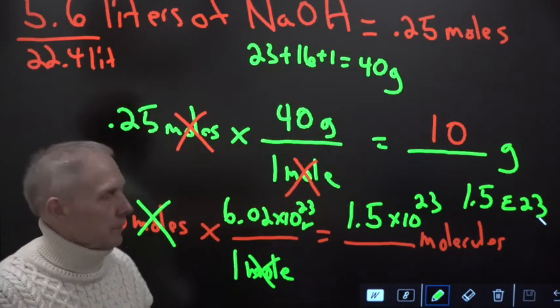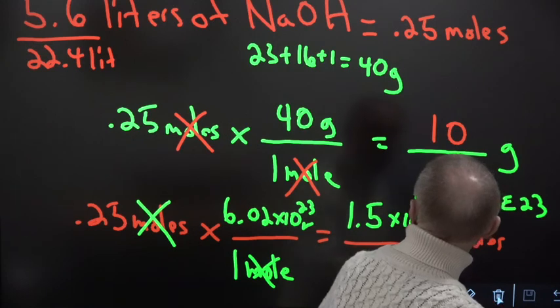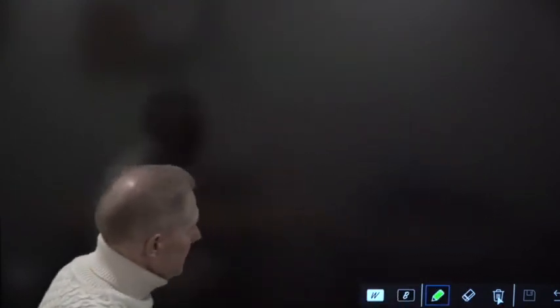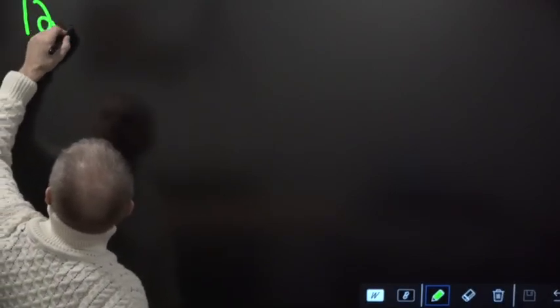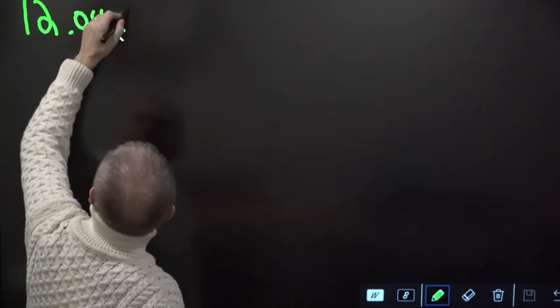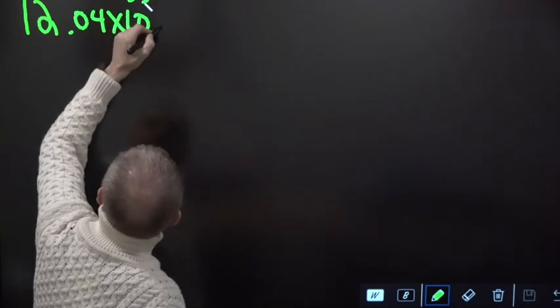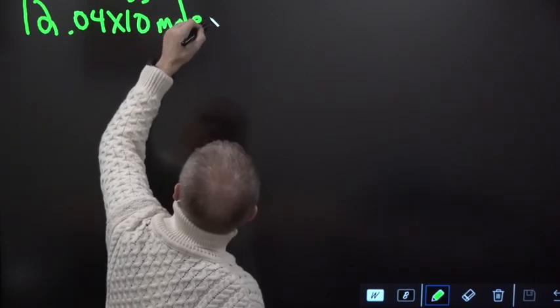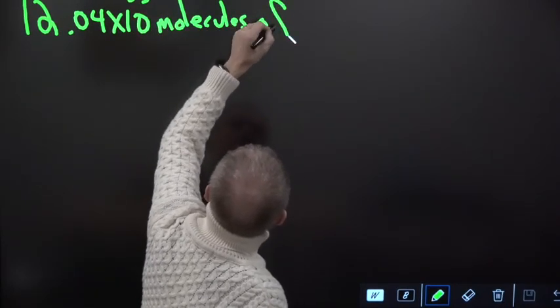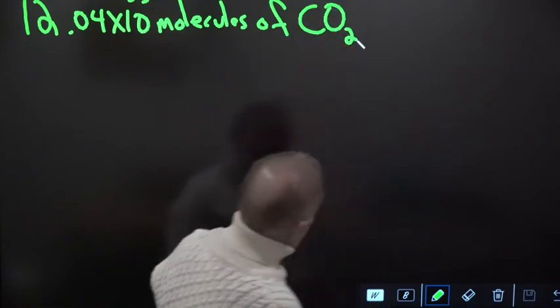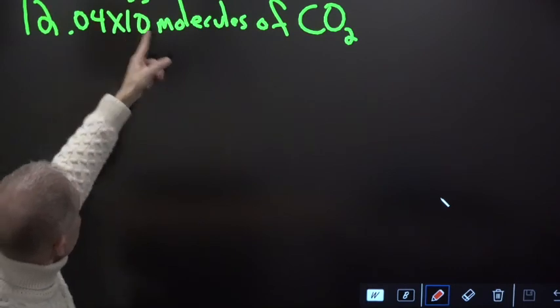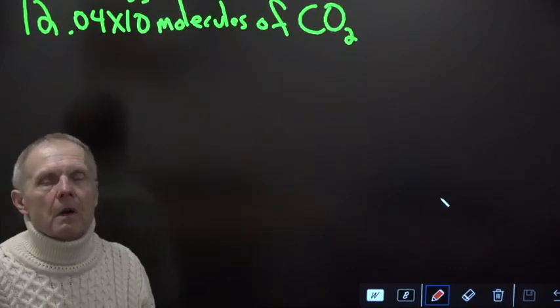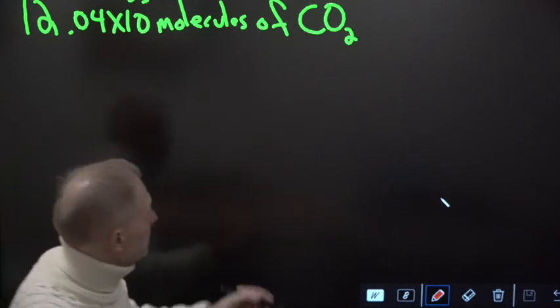All right, let's do another one. Let us say we have this. I give you 12.04 times 10 to the 23rd molecules of CO2. The first thing we're going to figure out is how many moles that would be.